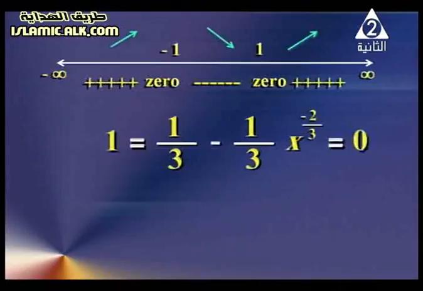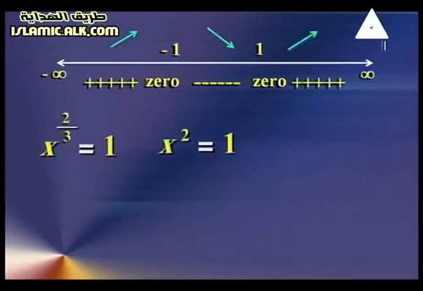Then we find 1 equals 1 over cubic root x power 2. We find x power 2/3 equals 1. Then in this case x power 2 equals 1. Why? When x power 2/3 equals 1, we raise both the left hand side and the right hand side to the power 3 over 2.